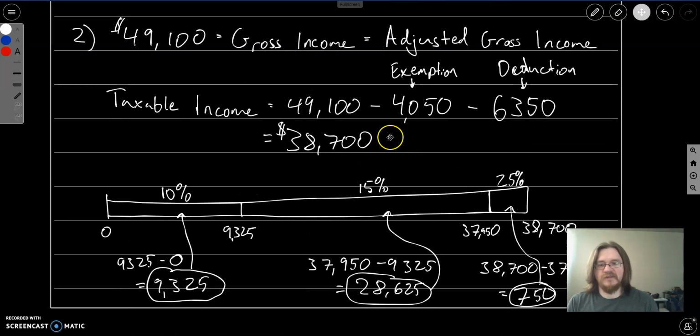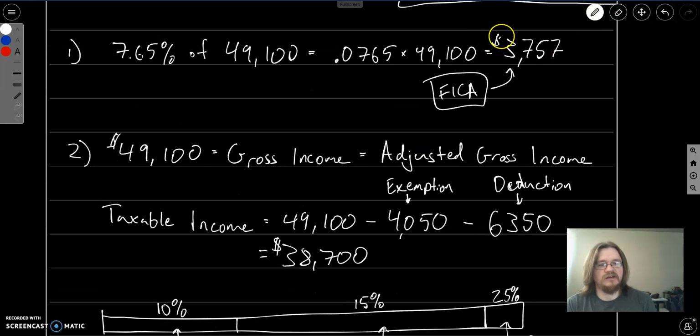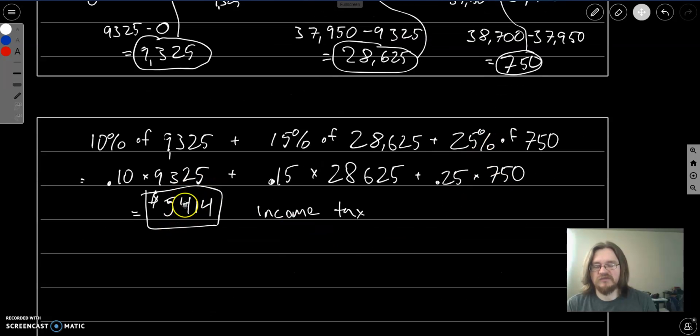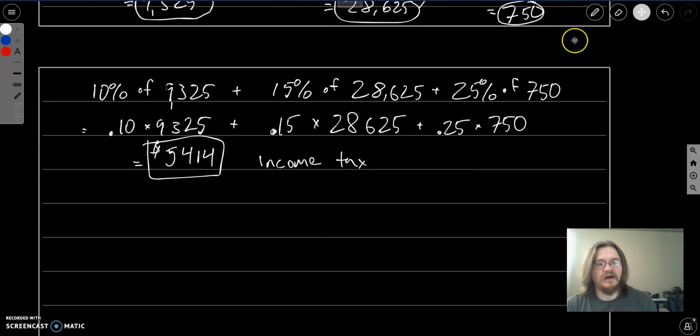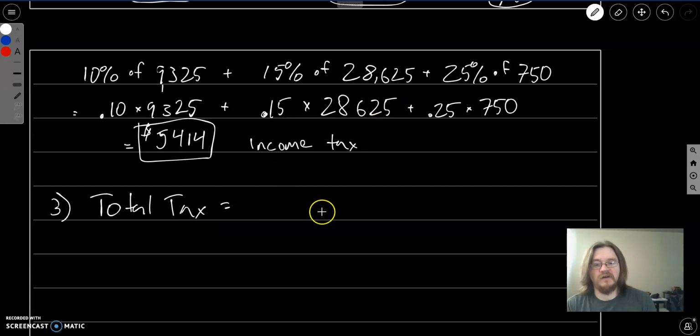So we have their FICA tax, which is going to be 3,757, and we have their income tax, which is 5,414. So what is their total tax? It's just going to be the sum of their two taxes.